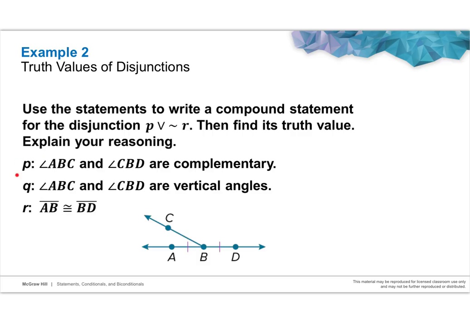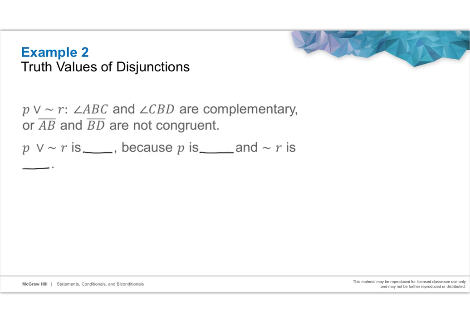And again, we have three statements that we are to combine to find this disjunction. So statement P is that the angle ABC and angle CBD are complementary, and then we're combining that with or not R. So the segment AB and segment BD are not congruent.